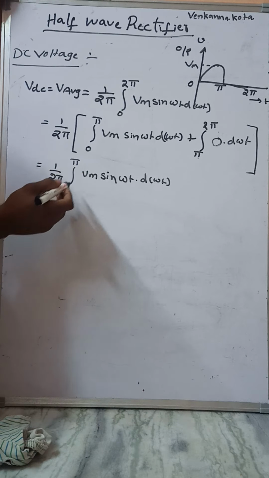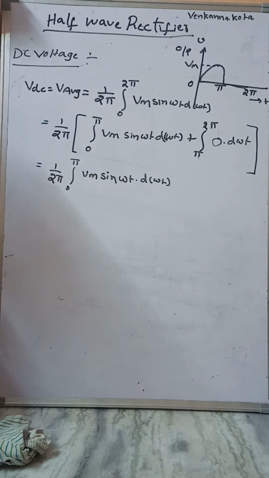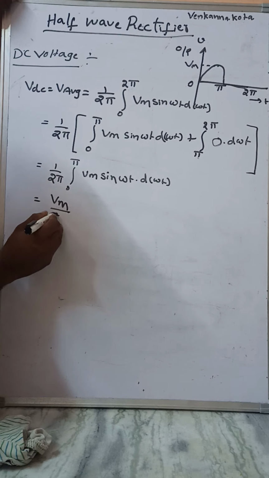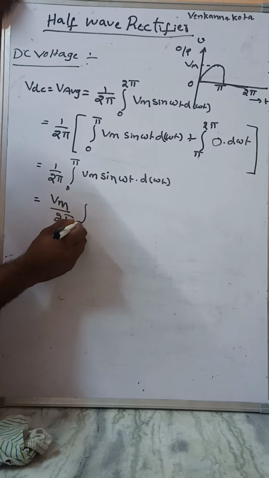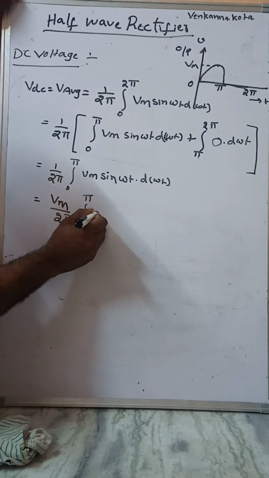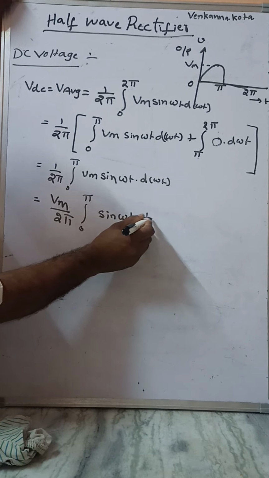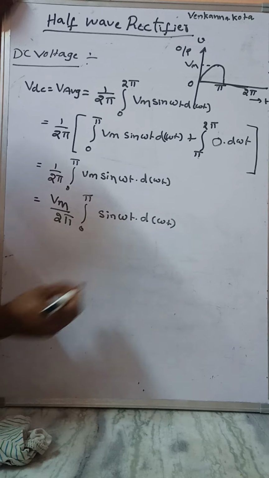Vm is taken out of the integral, then Vm by 2 pi integration 0 to pi sin omega t d omega t.